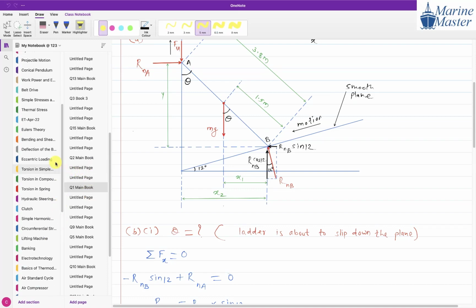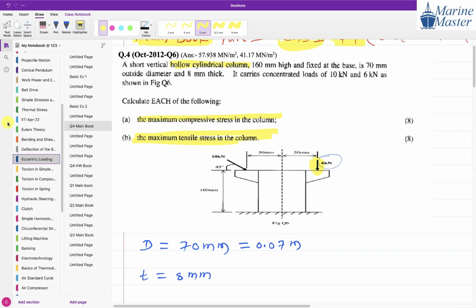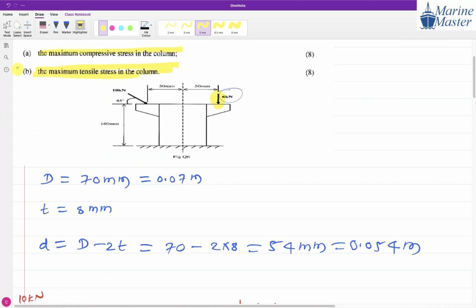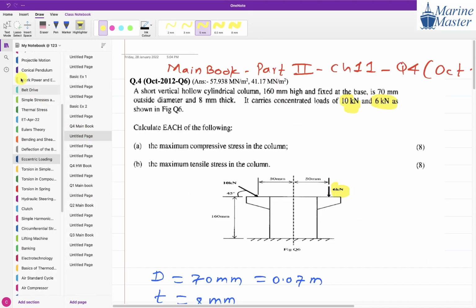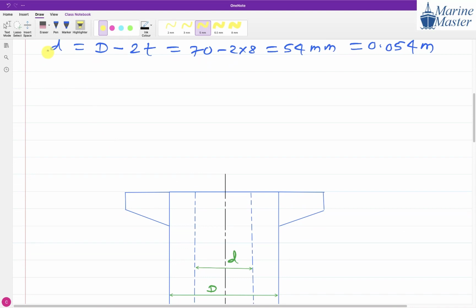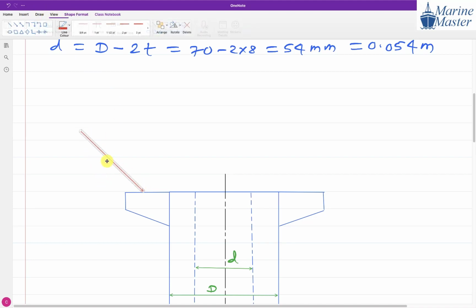Now everyone try to see the scenario here. One minute, I'm coming back to our question. Here we have 10 kilonewton. I generally show the forces with a red pen, and things become very simple.